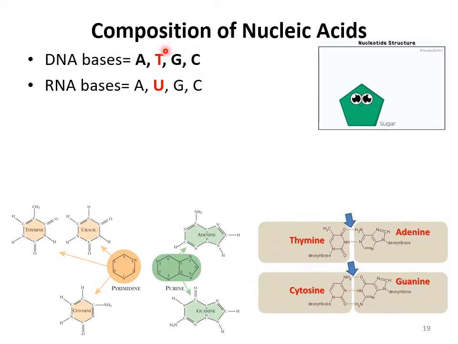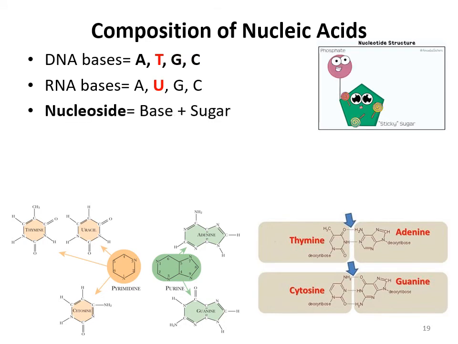For DNA, it's A, T, G, and C, which stands for adenine, thymine, guanine, and cytosine. And then in RNA, they have the adenine, the guanine, and the cytosine, but instead of thymine, RNA will have uracil. Okay, so these four letters that you see are the bases for each.